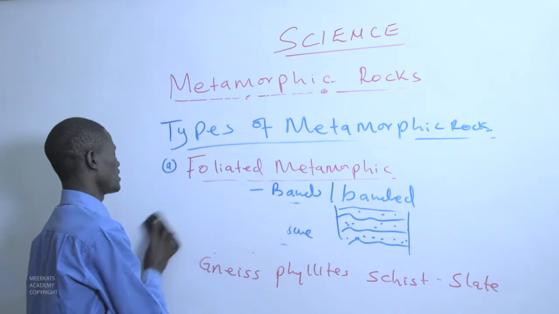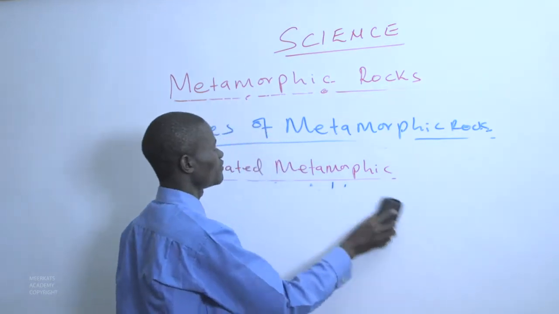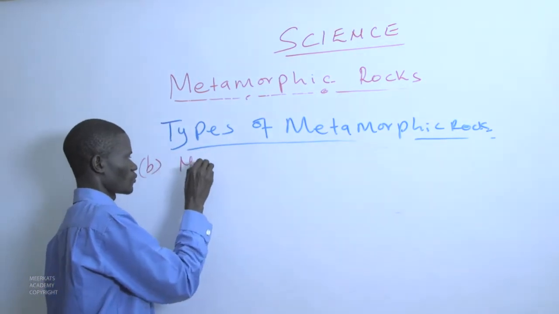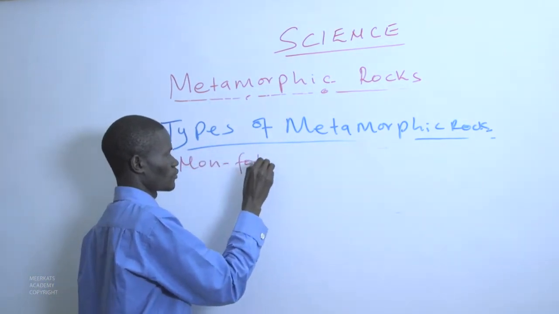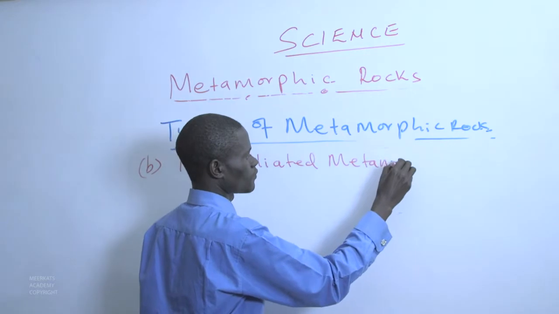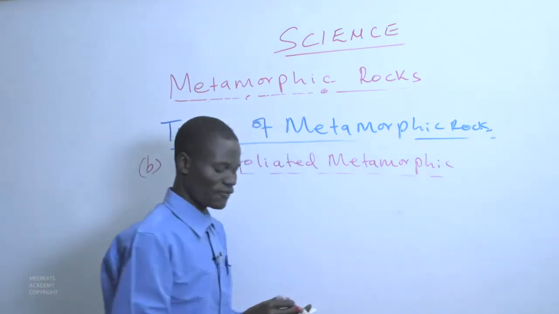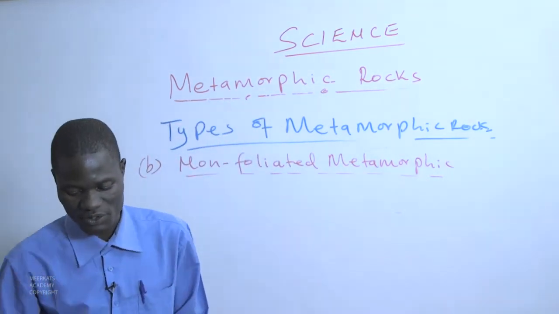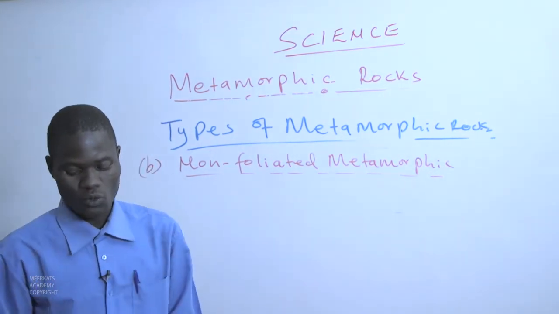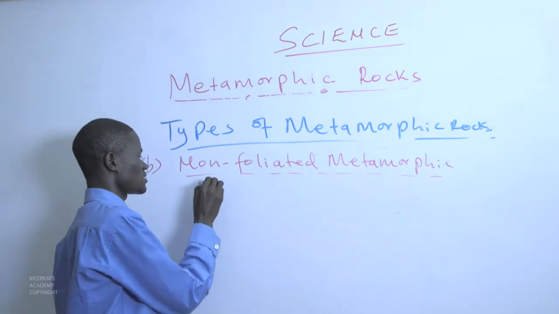The next part is non-foliated metamorphic. Non-foliated metamorphic is also another type of metamorphic rock that is formed when heat is high but pressure is absent.